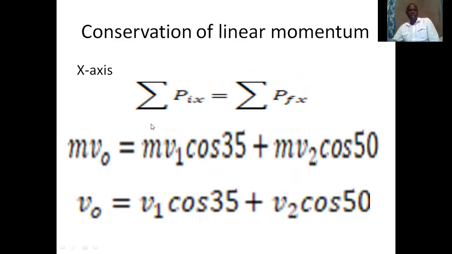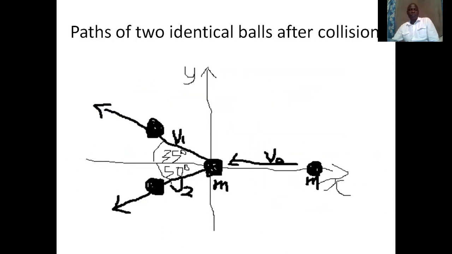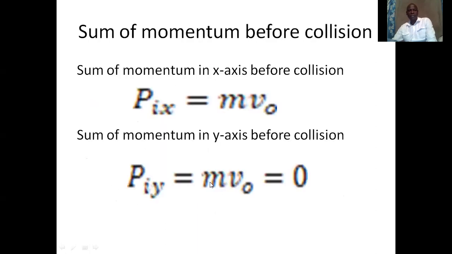And as I indicated earlier, the momentum of the balls in the y-axis will be V1 sin 35 multiplied by mass, which should be added to minus V2 sin 50 multiplied by the mass.